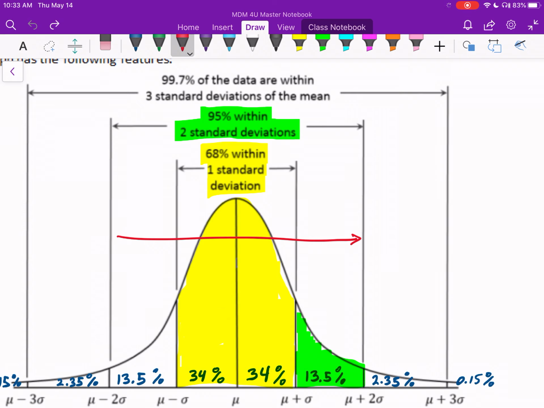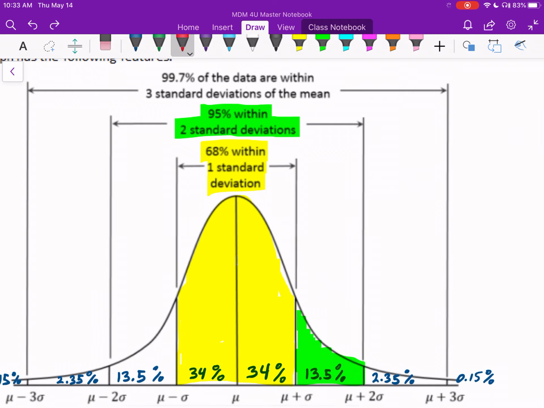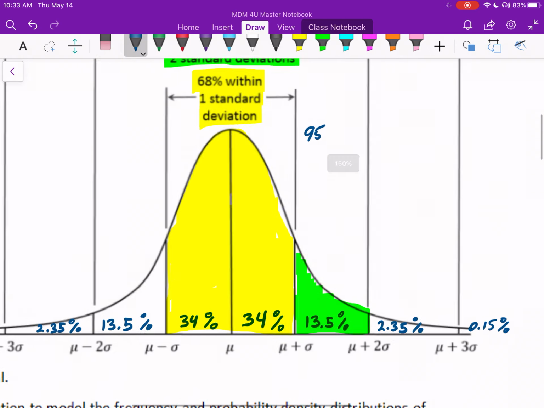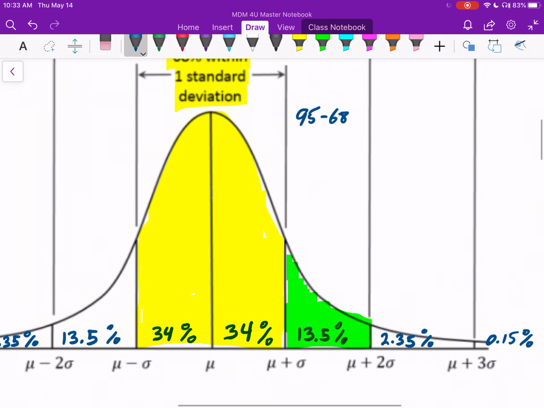So what's left over is going to be 95%, just to show the calculation, minus 68. That would be for both of these bars here, both the one I've already shaded in and this.